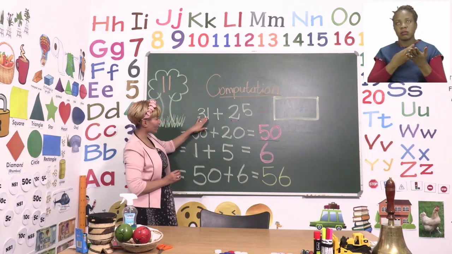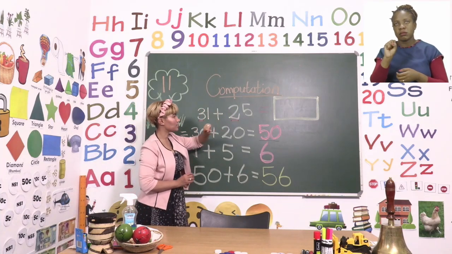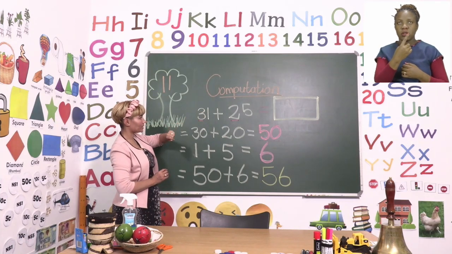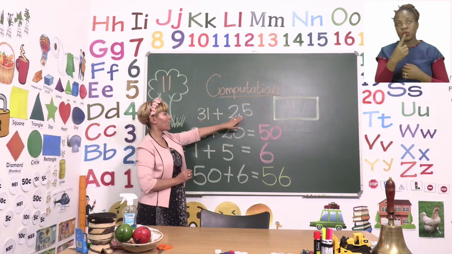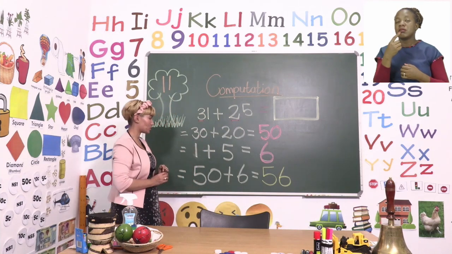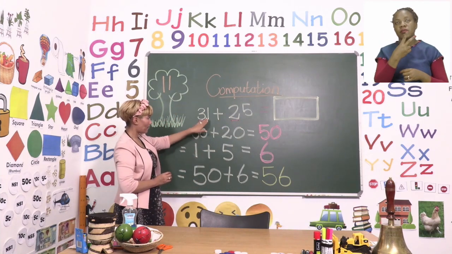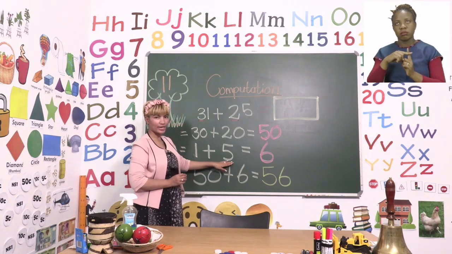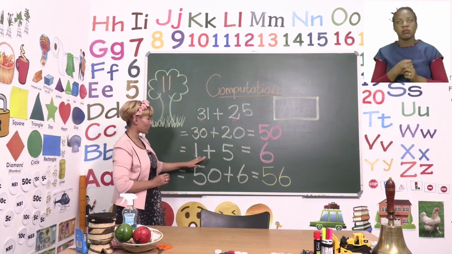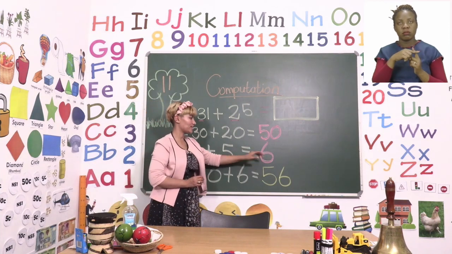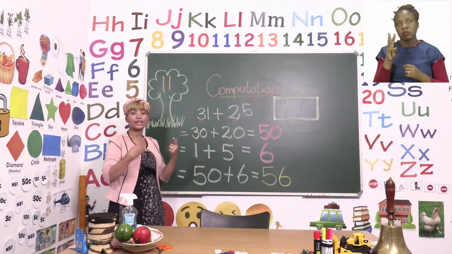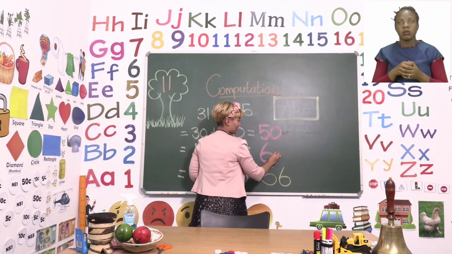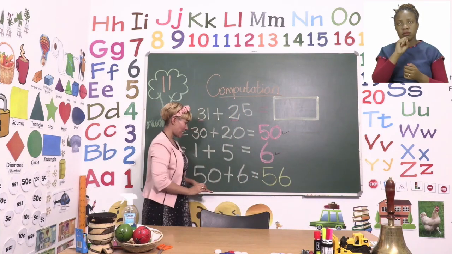So this 50 represents our tens. Now we have to go ahead and add up our units. Our units will be 1 from 31 and 5 from 25. So we say 1 plus 5, and the answer is 6. Now we have to take these numbers and add them together.